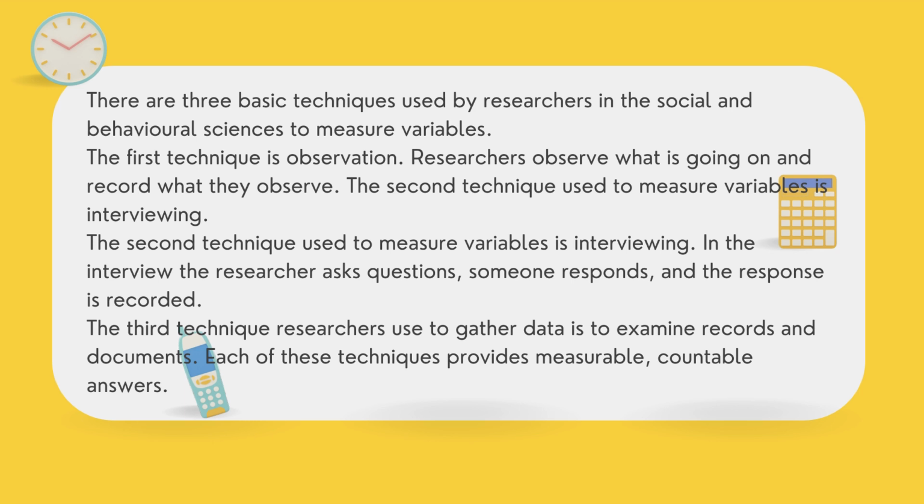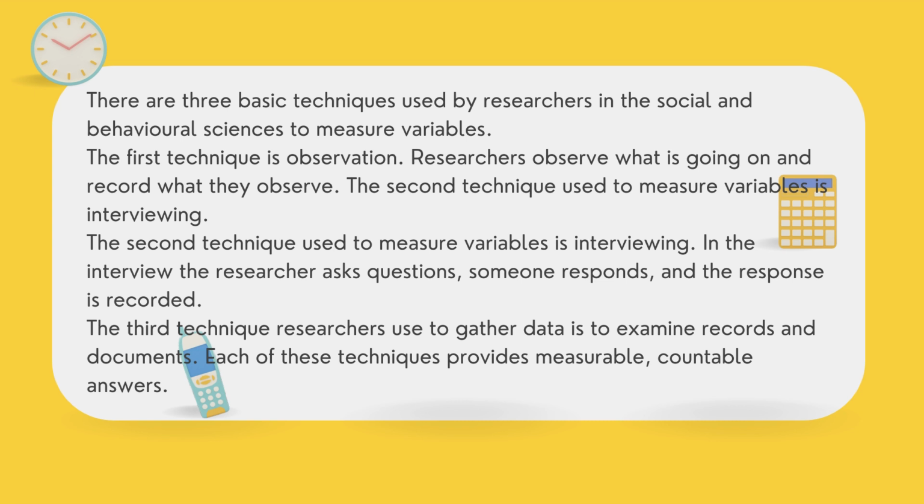There are three basic techniques used by researchers in the social and behavioral sciences to measure variables. The first technique is observation. Researchers observe what is going on and record what they observe. The second technique used to measure variables is interviewing.